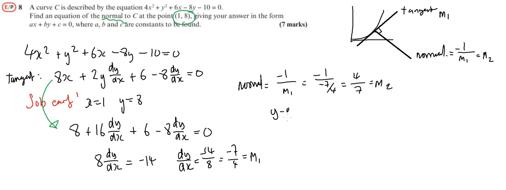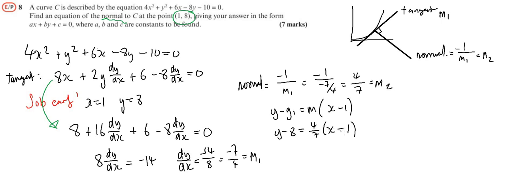Right, now the equation of the normal. Remember the basic formula: y minus y1 equals m times x minus x1. So I've got y minus y1, which is 8, equals my gradient 4 over 7 times x minus 1, because that was my x.